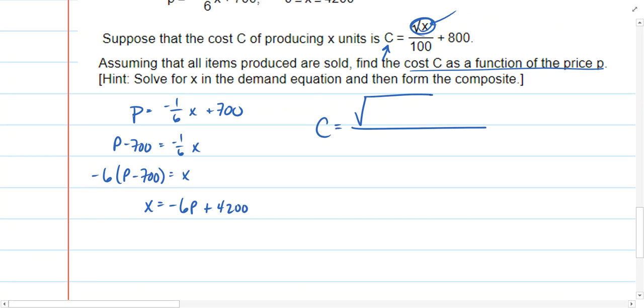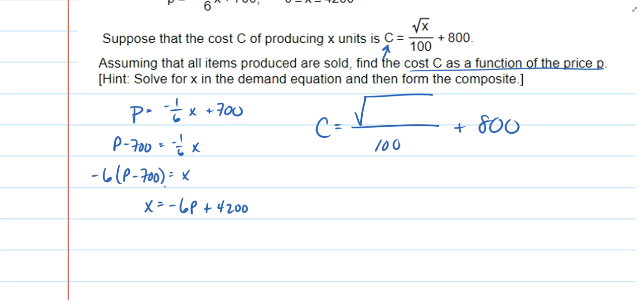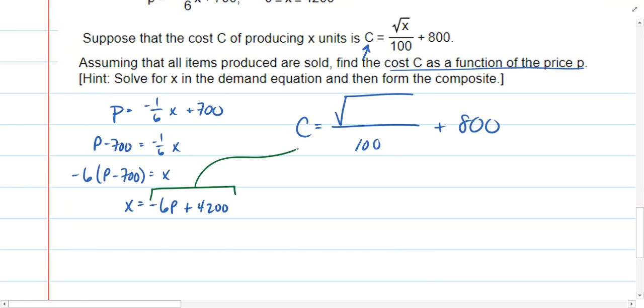We have the square root of X divided by 100 plus 800. As it turns out, the X now is not just X by itself, but it's this entire expression. So we'll substitute negative 6P plus 4,200 in terms of C.